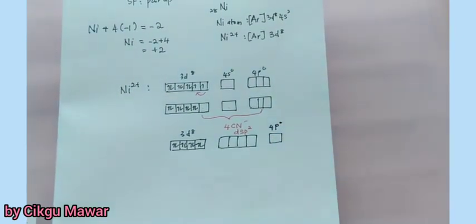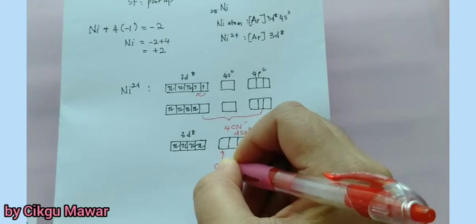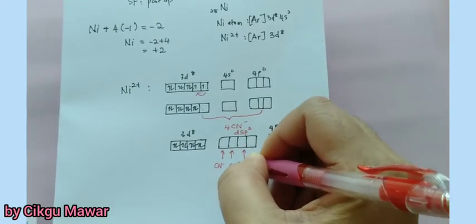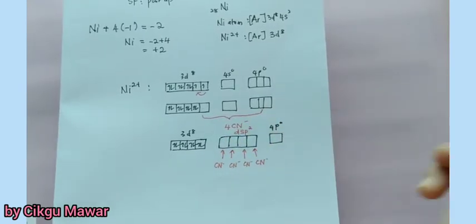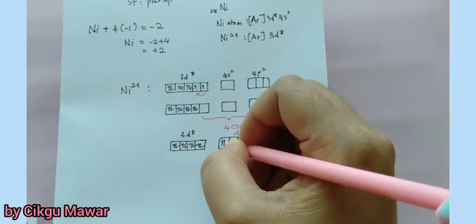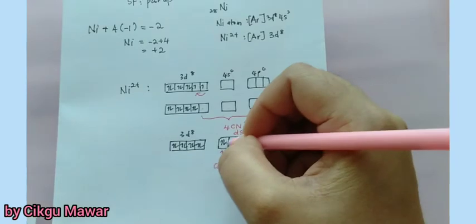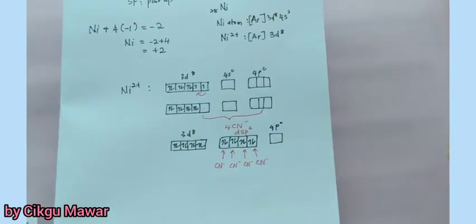So this empty orbital will be accommodated by the cyanide, the CN ion, which will enter the orbital. It will put the lone pair here. One CN consists of one lone pair, and then one lone pair, one lone pair, and also one lone pair here.